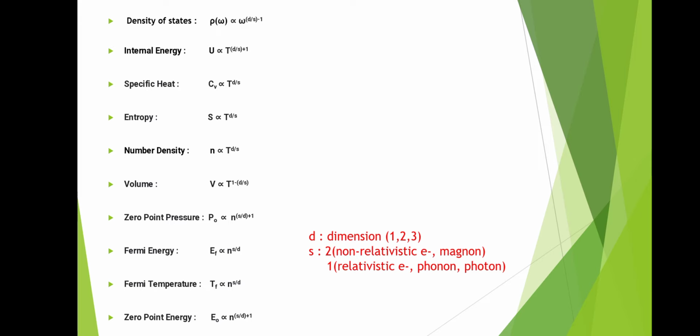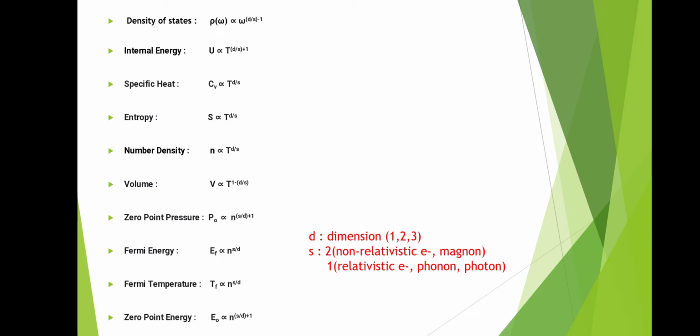And if we talk about internal energy, it is directly proportional to the temperature raised to power d by s plus 1. For specific heat, we know that specific heat is du by dT. So clearly, Cv, that is specific heat, is proportional to T raised to power d by s.